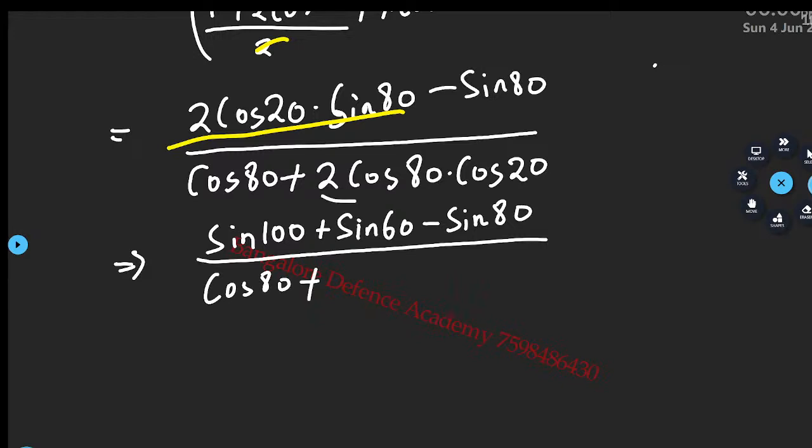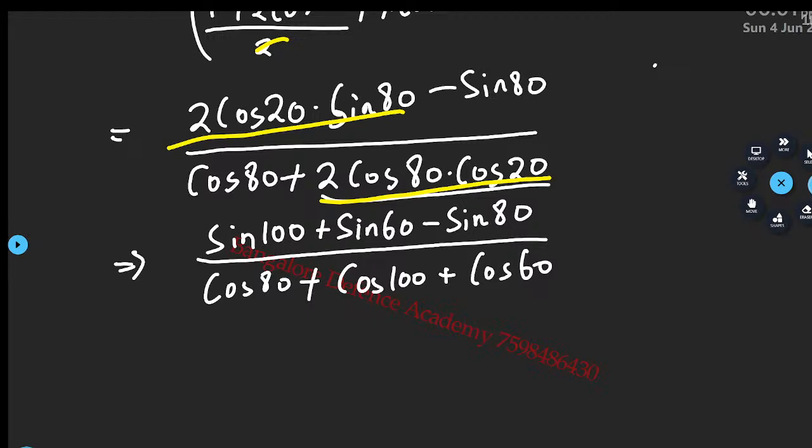Okay, next, this is cos A cos B. It becomes what? Cos of A plus B. So cos 100 then plus cos 60, yeah, here plus will come. ठीक है. What is the formula for 2 cos A cos B? Check the formula list and tell me.